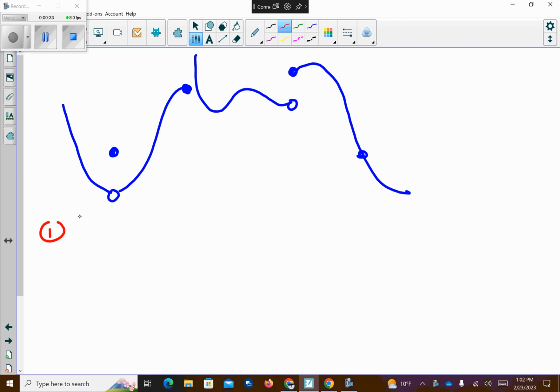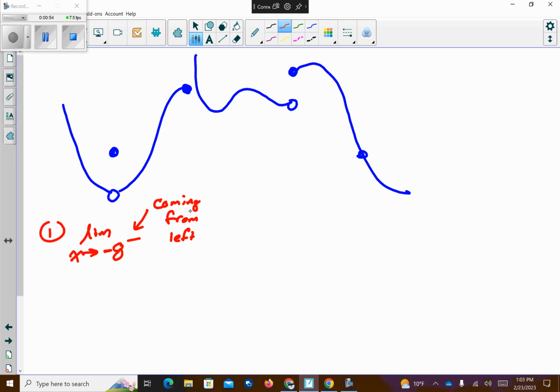So problem number 1 says we want the limit as x goes to -8 from the negative side. So the thing to realize is this is coming from the left.